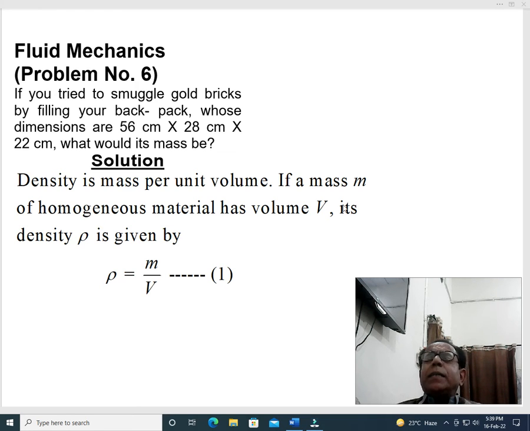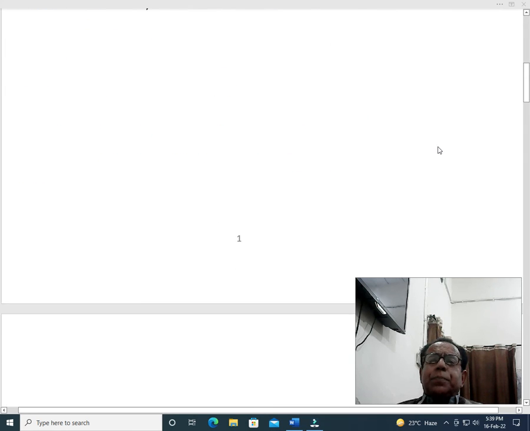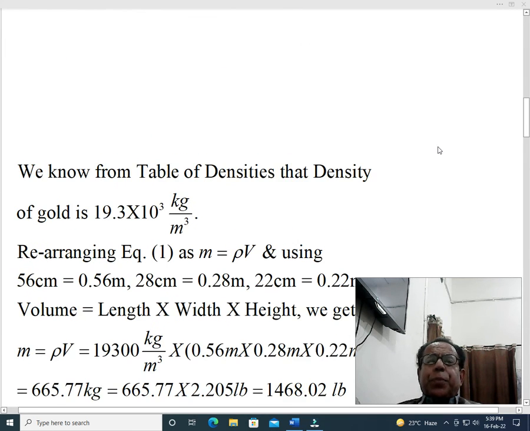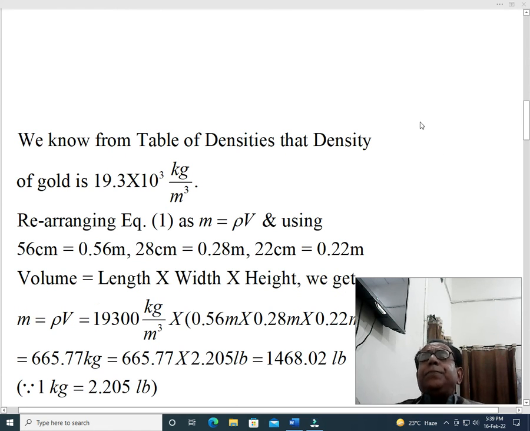It does not make very much difference. Rho is equal to m over V, where m is mass and V is volume. Equation number 1.